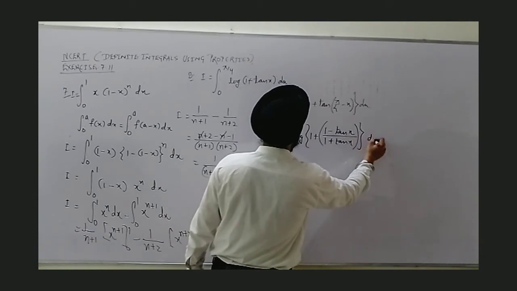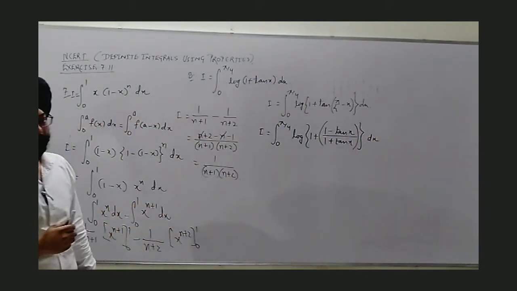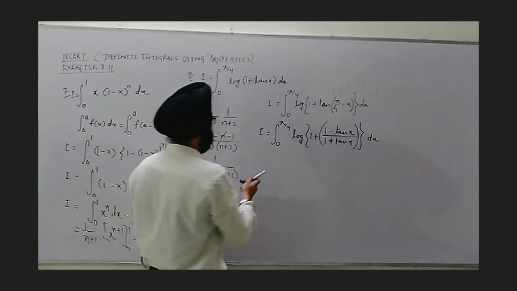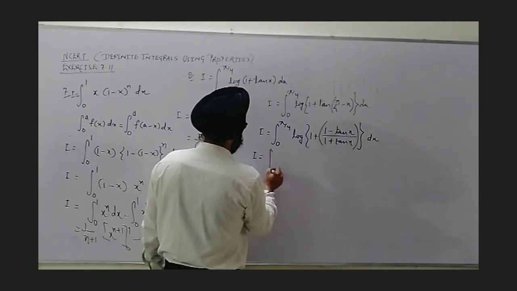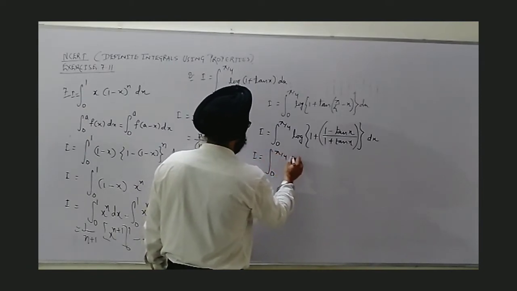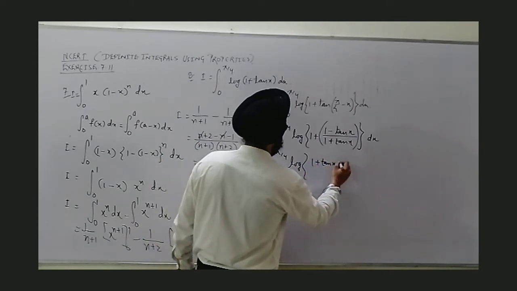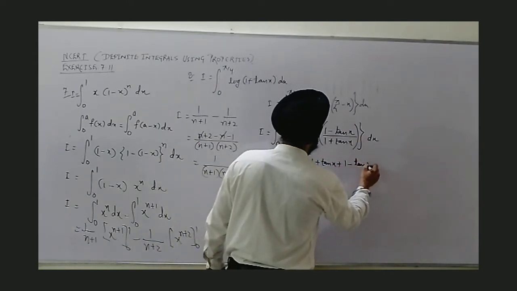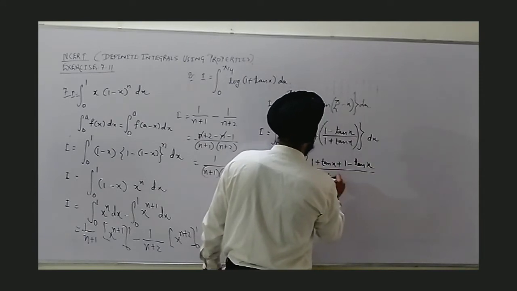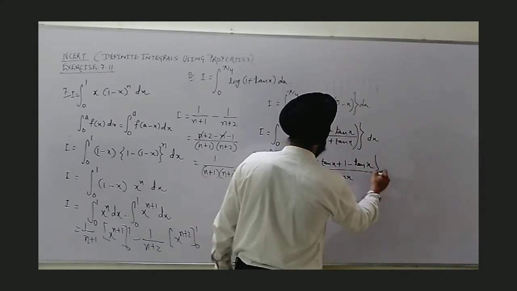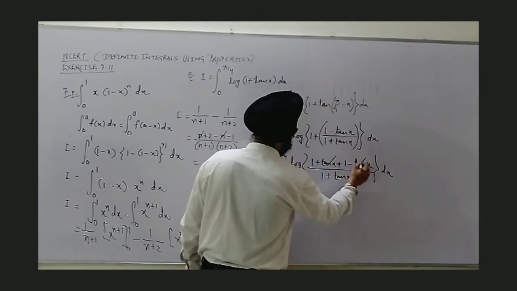This directly can be used as the identity of tan of pi by 4 minus x. While taking LCM and simplifying, we find here it is 0 to pi by 4 log of (1 plus tan x plus 1 minus tan x), in the denominator it is 1 plus tan x, dx.